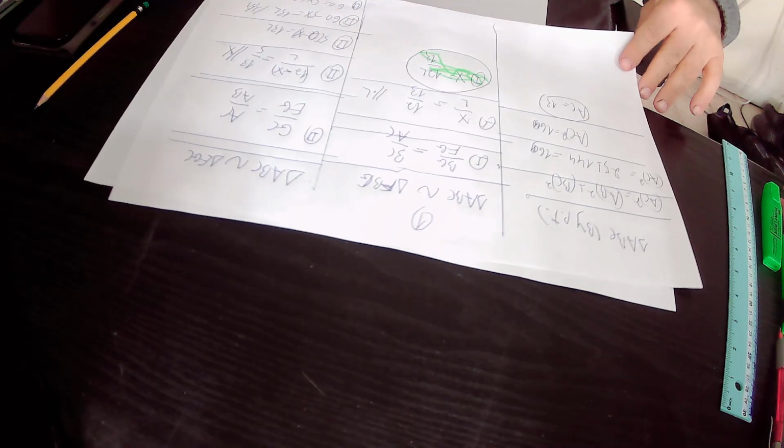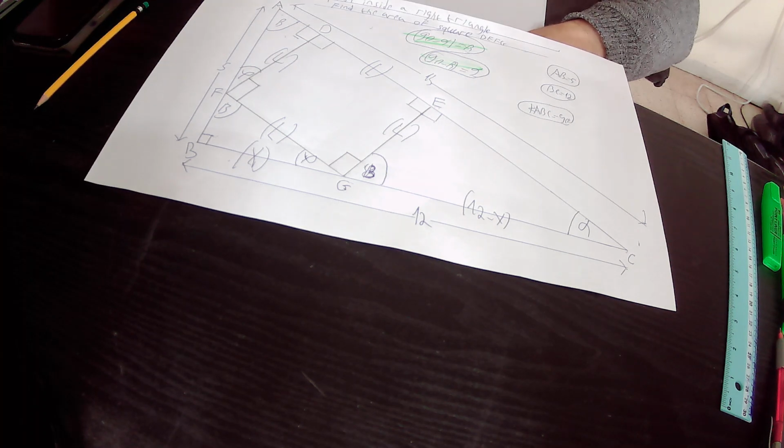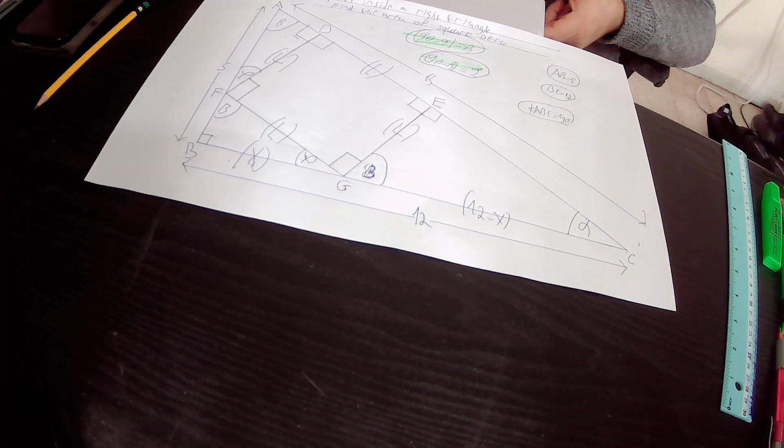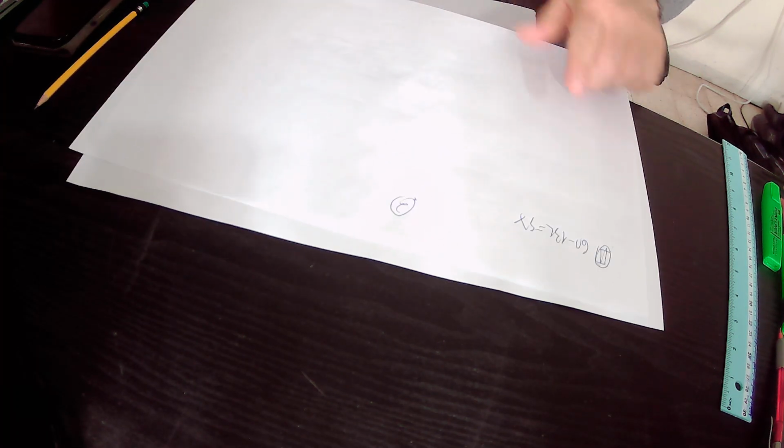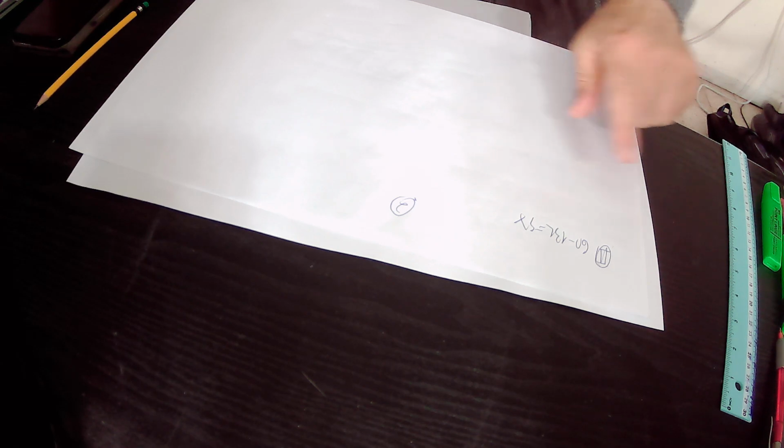And again, we find that according to equation 2, 60 minus 13L equals 5x.